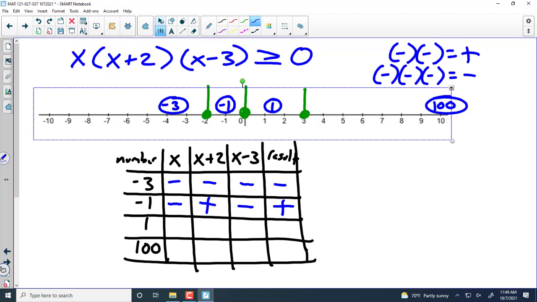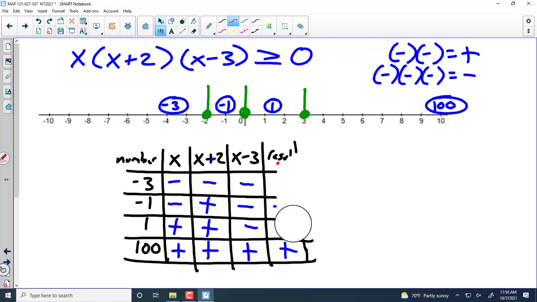Are we okay with that? You plug in a 1, it's going to be positive, positive. What's 1 minus 3? Negative. Result? Negative. 100 in every one of these is going to give you positive, positive, positive, positive.